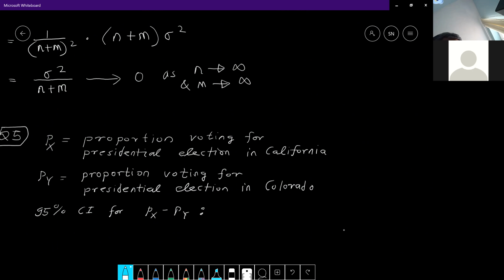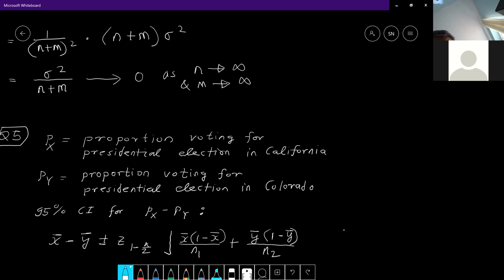The formula is: x bar is the sample proportion for the first one, y bar is the sample proportion for the second, plus or minus z. N1 is the sample size for the first sample. So this is the formula that I gave you in the class a long time ago.